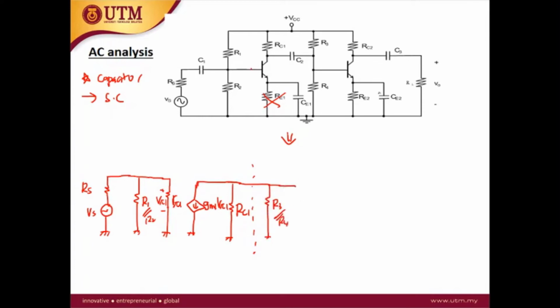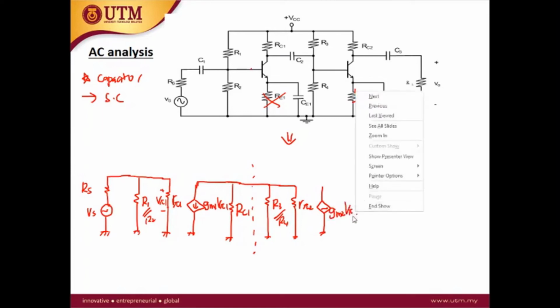And then we also have, at the base and emitter, R pi 2. The voltage across the R pi 2 is V pi 2. So here this is gm2 V pi 2.